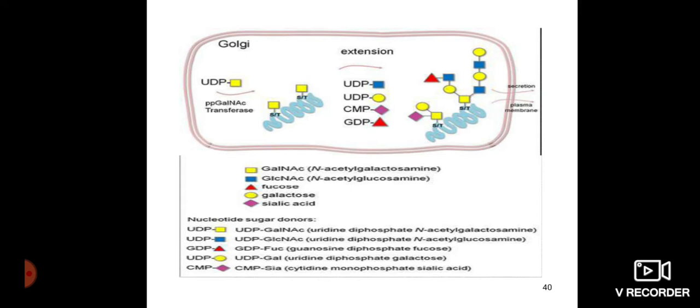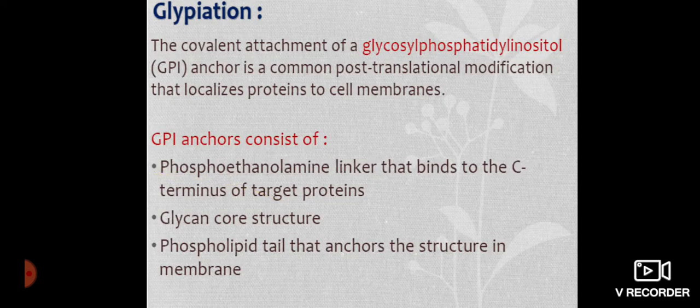There will be UDP N-acetyl glucosamine, then followed by UDP galactose, then there will be CMP sialic acid, like that. One by one these sugar units are added onto the polypeptide chain, establishing a specific type of glycosidic bond and constructing a sugar tree on it. So that's how the O-linked glycosylation takes place.